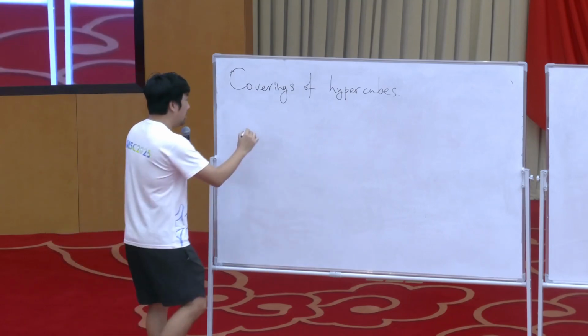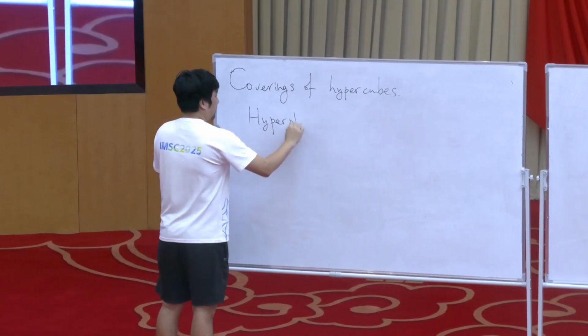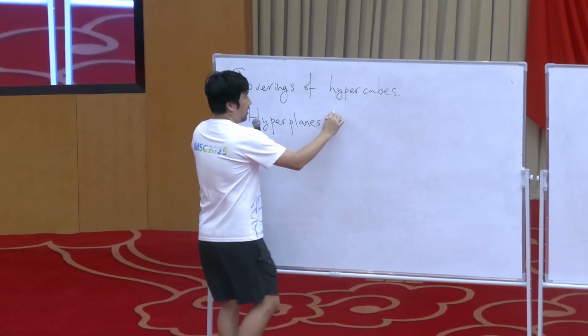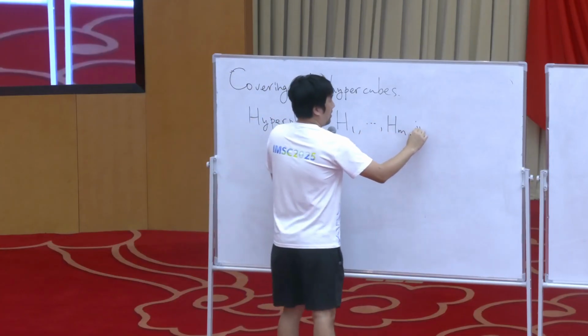Here's what I mean. You have a bunch of hyperplanes, let's call them H1 through Hm in R^n.